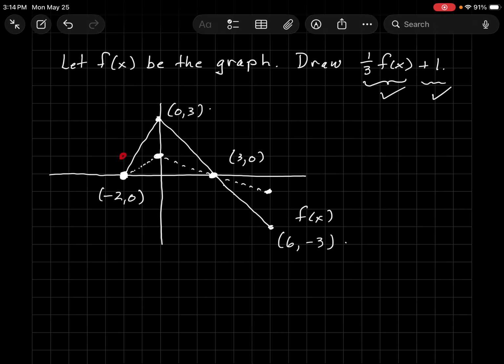So my x is not changed, but my y is increased by 1 for every y value. And then we can connect our dots like such. And this will be the graph of 1/3 f of x plus 1.